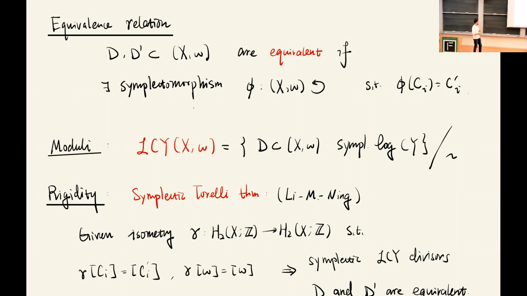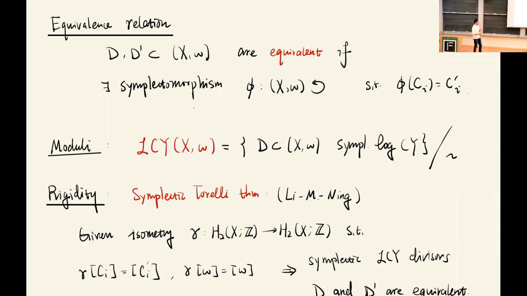So if you have such a purely algebraic map, it doesn't have to come from any diffeomorphism or symplectomorphism, it can be any algebraic map, such that it preserves, firstly, the cohomology class of the symplectic form, and also maps the homology class of each component of one divisor to the corresponding homology class of the other divisor.